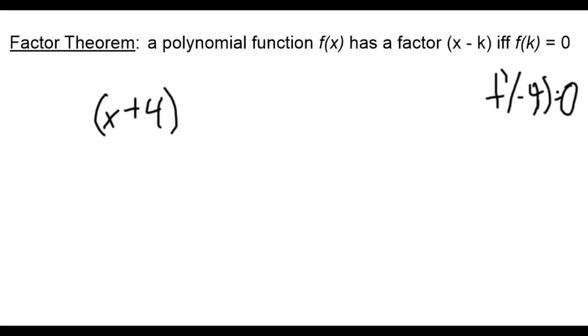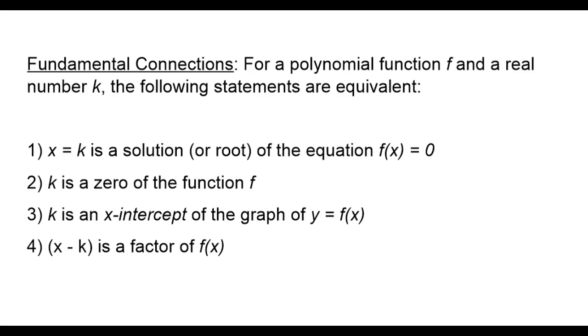Okay, a lot of terminology going on here, the remainder theorem, the factor theorem. This is all leading into having an understanding of what a factor of a polynomial is, what a zero is, what a solution is, what an x-intercept is. And that is what our fundamental connections are.